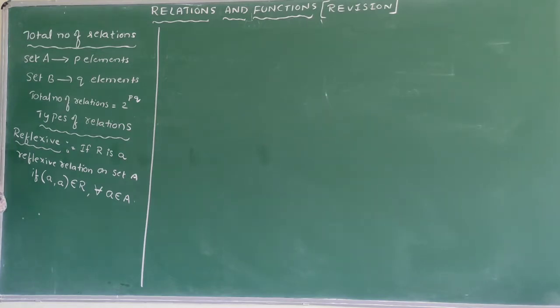Here, one important point: reflexive relation we are explaining on a set. In this reflexive relation, in the ordered pair, we need to take both elements from the set: (a, a), (b, b), (1, 1), (2, 2), like that. I will give a simple example for reflexive relation.